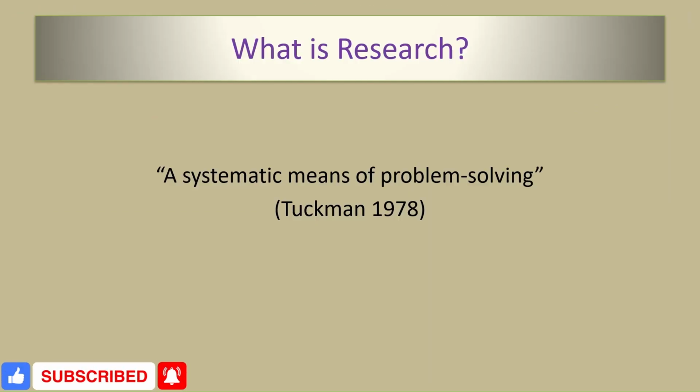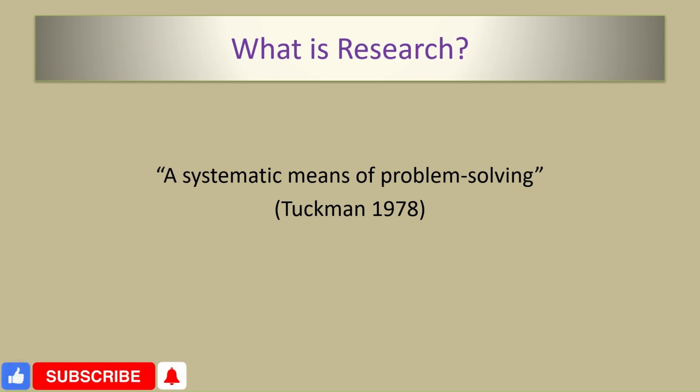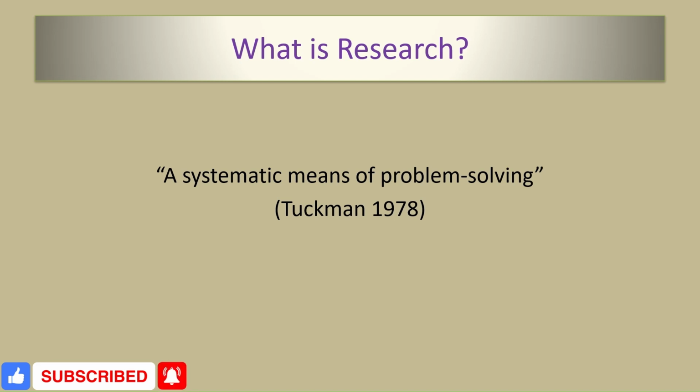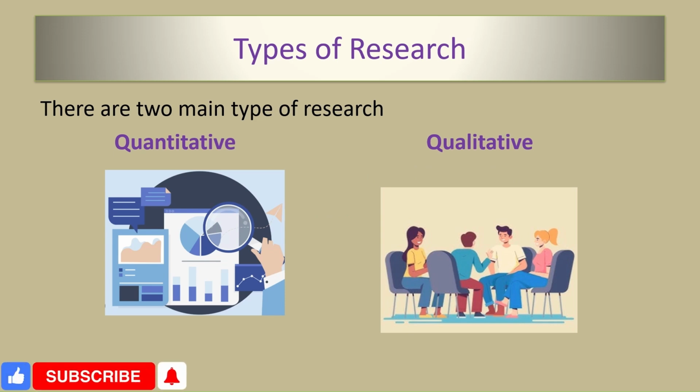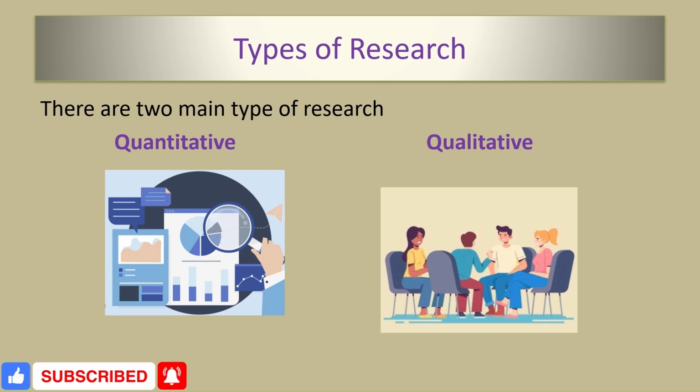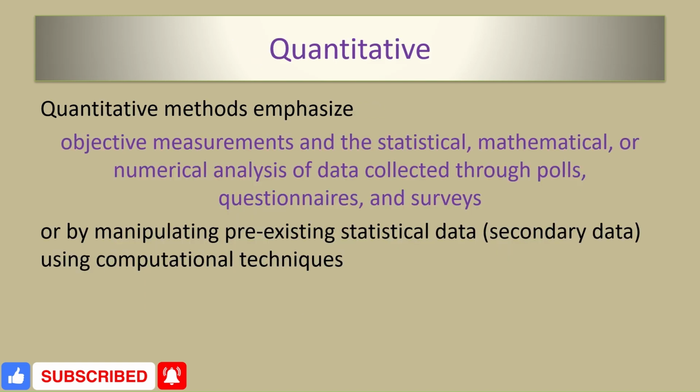What is research? A systematic means of problem solving. Types of research. There are two main types of research: quantitative research and qualitative research. Quantitative research.